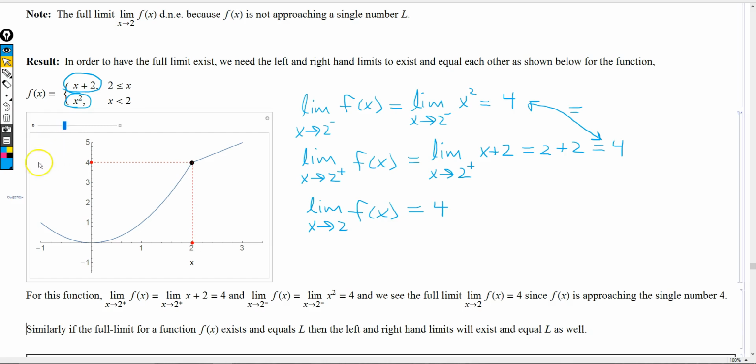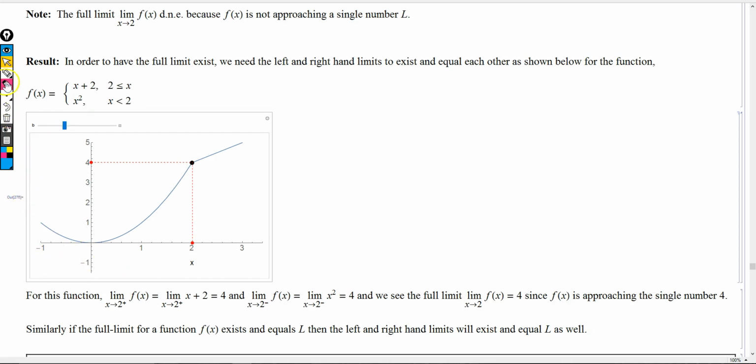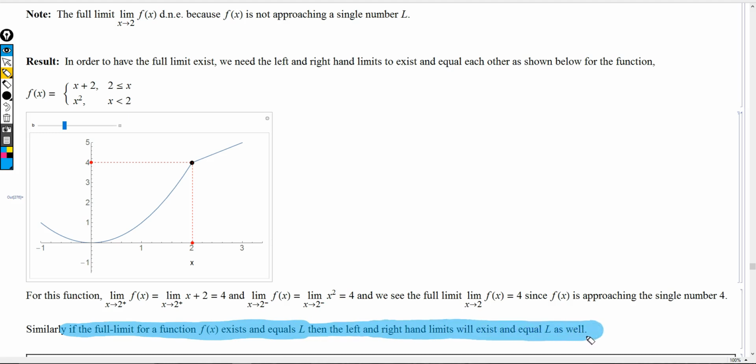Alright. So let's also note here, we can also go backwards and we can say, if the full limit exists for a function and is equal to L, then the left and right hand limits will exist as well, and they will both equal L. That makes sense.